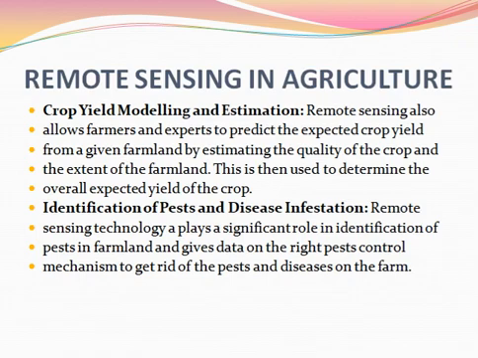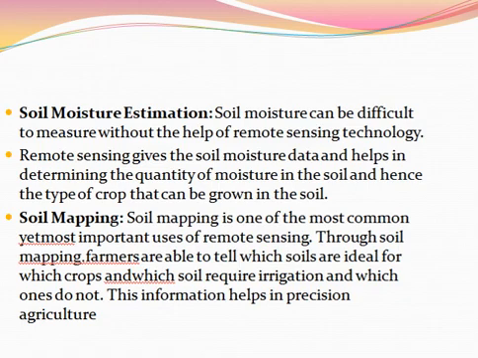Then number three, estimation of soil moisture. Soil moisture can be difficult to measure without the help of remote sensing technology. Remote sensing gives the soil moisture data and helps in determining the quality of moisture in soil and hence the type of crop that can be grown in the soil.